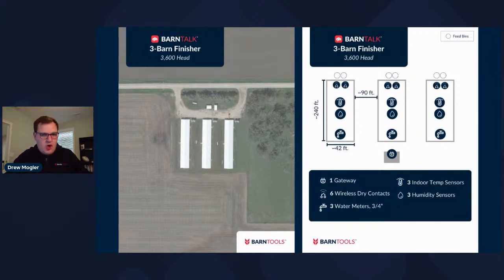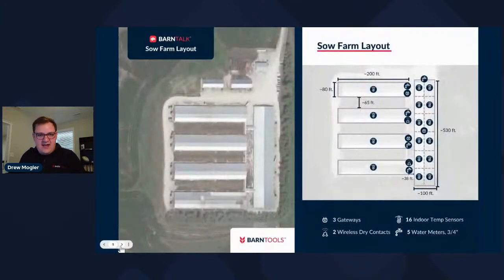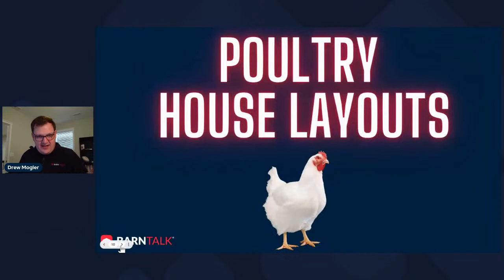Wide open, nothing in between, that sensor can reach that gateway box about 1,000 to 1,200 feet. But when we start putting building materials in there, that shrinks down a little bit more to like 700 feet. So something to keep in mind. As I mentioned, getting those antennas outside is going to make sure that there's less building materials to go through and a better direct line of sight to those different wireless sensors on your farm.